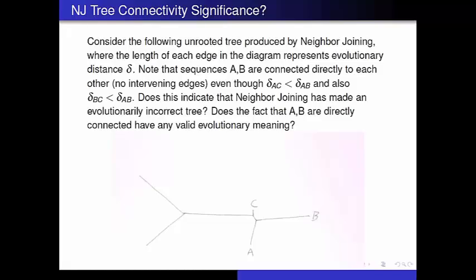Okay, so the second aspect is, does the fact that we're directly connecting A and B with a single node have meaning, tell us something about the evolution of these sequences? And the answer is yes, it does, but that evolutionary meaning can be a bit subtle. One way of understanding the subtlety of what it's telling us about the evolution of these sequences is to think about the whole question of the location of the most recent common ancestor.